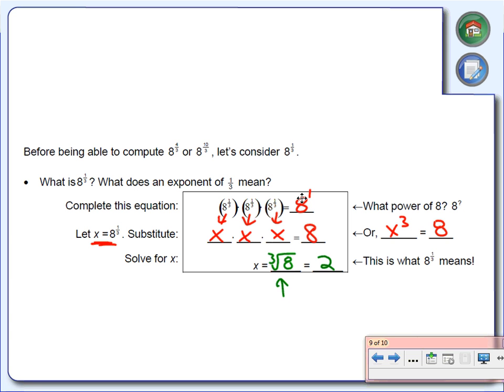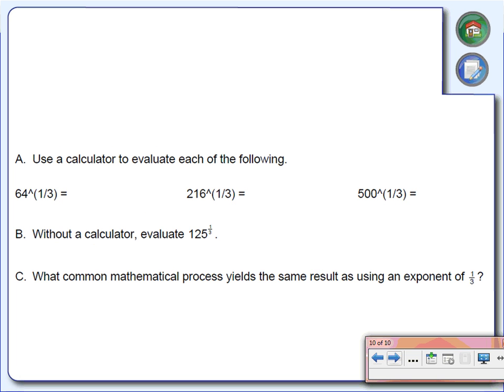All right, so let's take a look at a couple more examples so you can see here. 64 raised to the 1/3 power. Put that in your calculator, see what we get. What do you get? 4. And why do you get 4? Because that's what the cube root of 64 is. Let's do 216 raised to the 1/3 power.